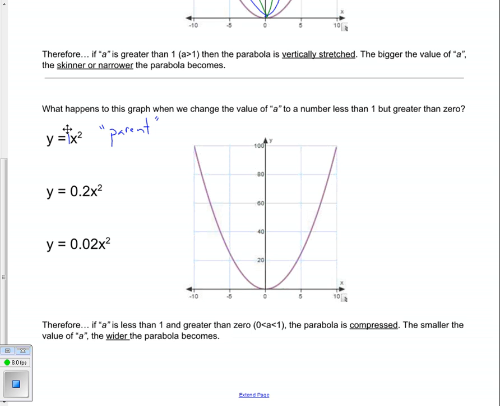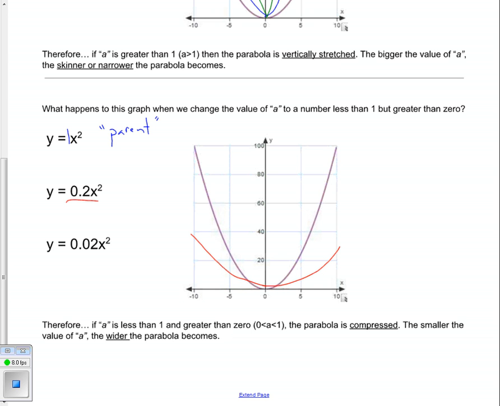But now what we'll do is we'll actually change the a value. So instead of having the a value being positive 1, we're going to change that a value to 0.2. Okay, so again, it's just a number. We're just changing it, and 0.2 is still a positive number, and it's between 0 and 1. So if we go to 0.2, then it's going to look more along the lines of this.